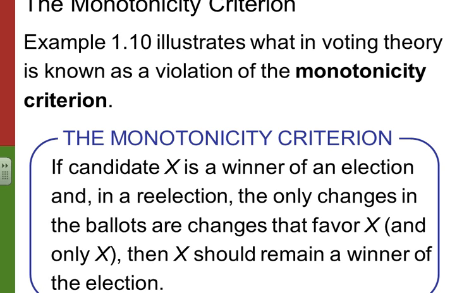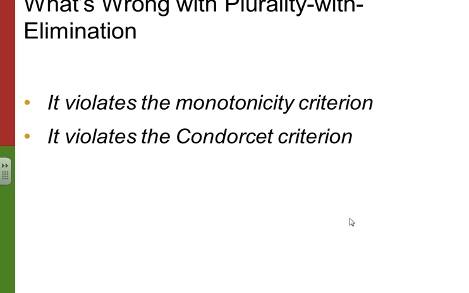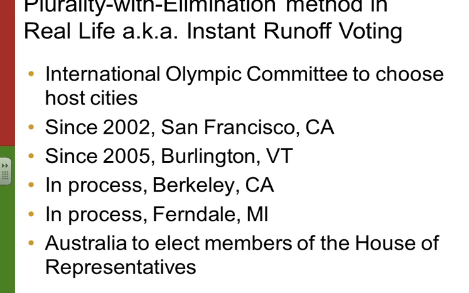If I'm going to win the election and I get more votes, then they open the absentee ballots and I still got more votes, then I should still win. So it violates monotonicity and Condorcet. All right, just what we need.